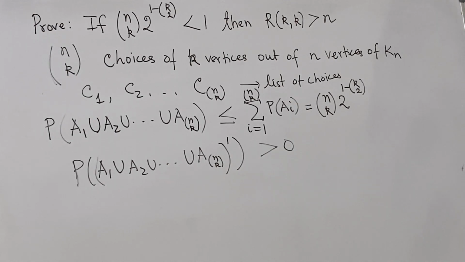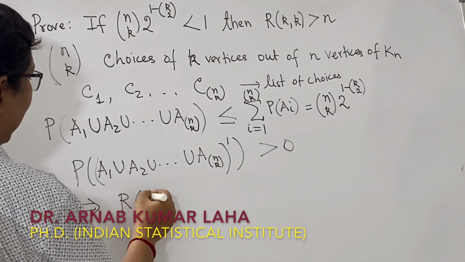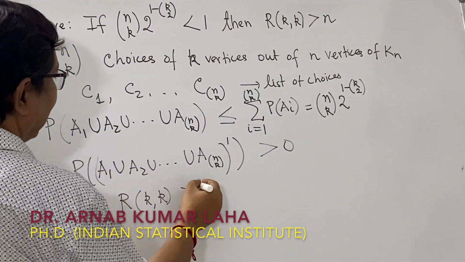So if this condition holds, there is a positive probability that we can have a coloring of the complete graph on n vertices which does not contain a monochromatic subgraph, which means that R(k,k) has to be greater than n.